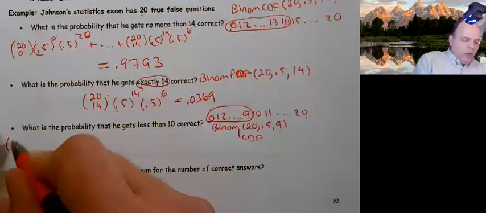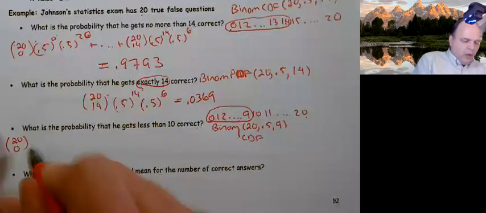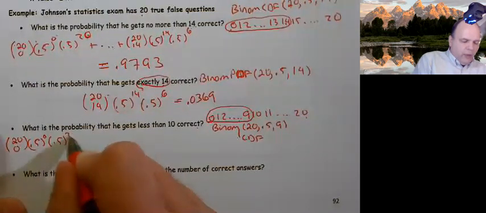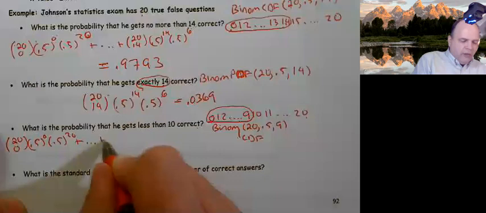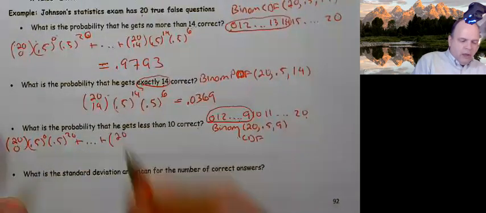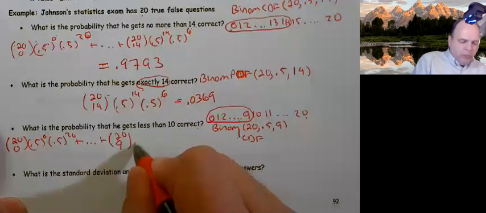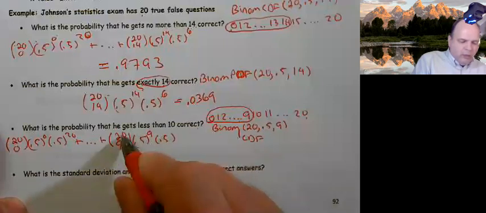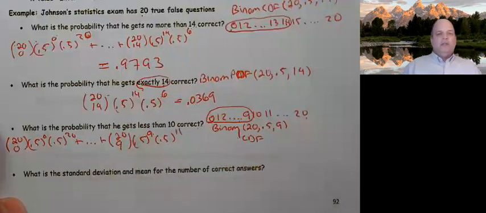So this is going to be 20 choose 0, 0.5 to the 0, 0.5 to the 20, plus dot dot dot plus 20 choose 9, 0.5 to the 9th, 0.5 to the 20 minus 9, which is 11.